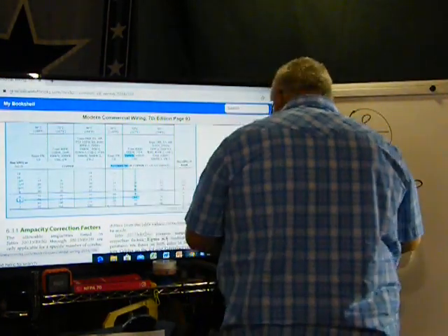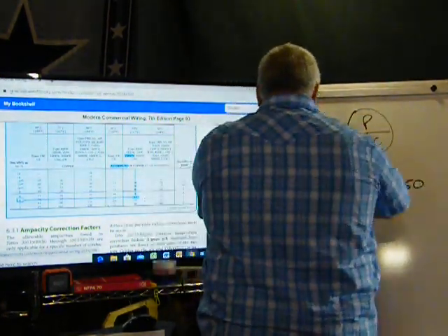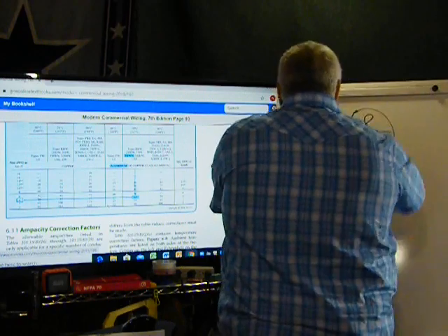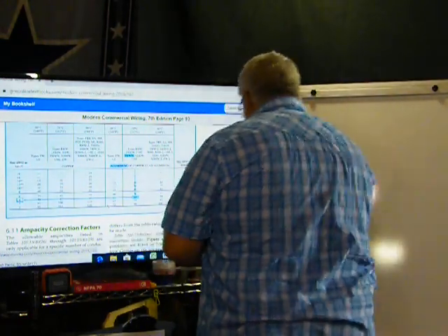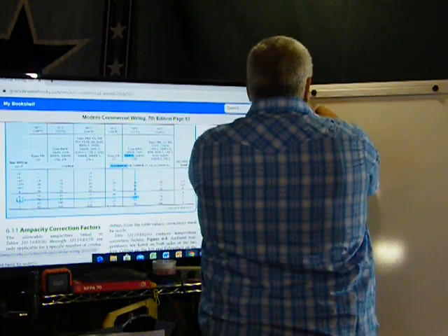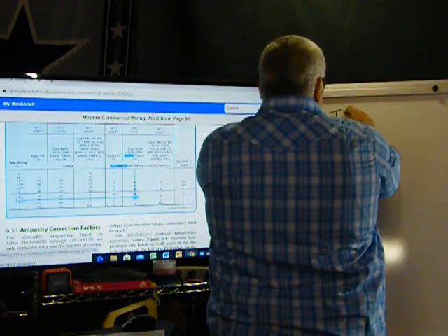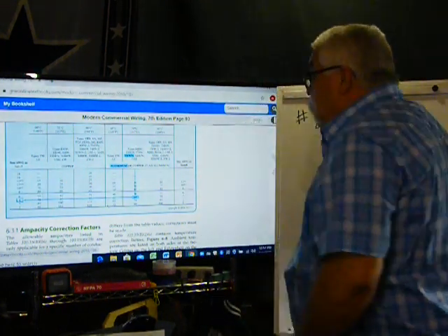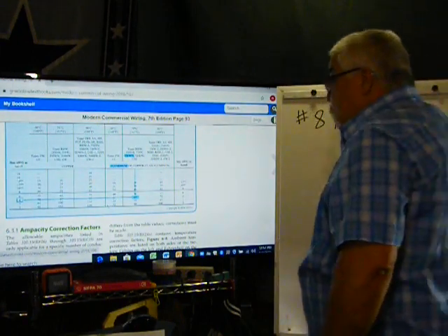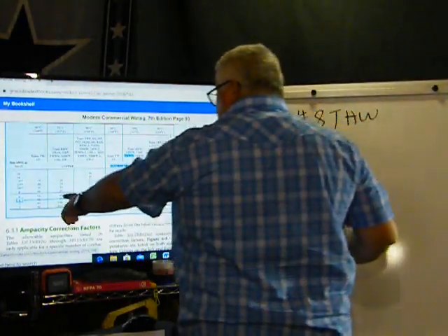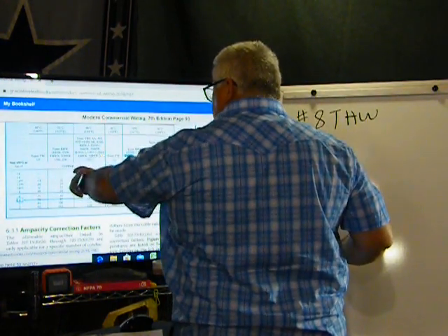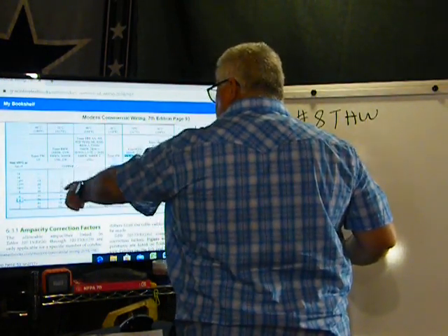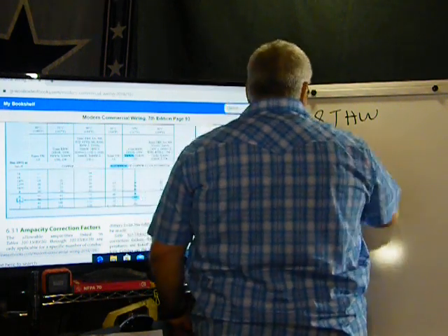I'll use that number 8 THW. THW is right here. That's a 75-degree wire, does 50 amps.